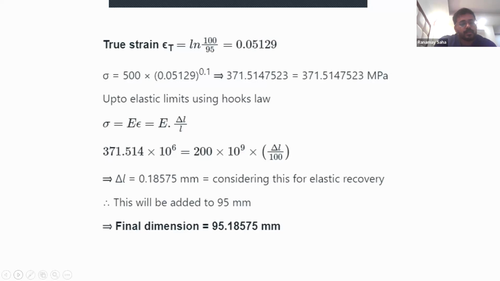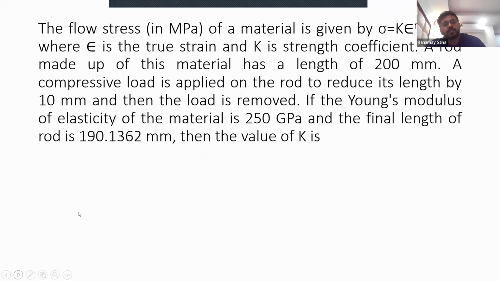Cool. Then let's proceed to our next question of the day. The flow stress of a material is given by this stress strain relationship for a plastically deformed material, where the strain hardening exponent is 0.1, K is your strength coefficient, and epsilon is the true strain. A rod of this material has a length of 200 mm.